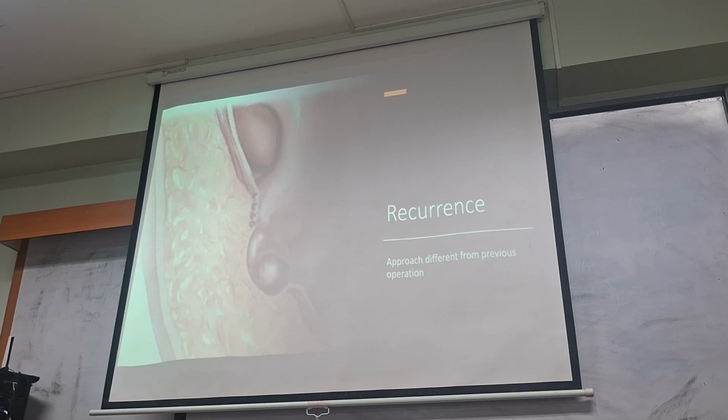How you treat recurrences is going to depend on the initial procedure that you did. So we have procedures in terms of the approach, meaning it being anterior or posterior.